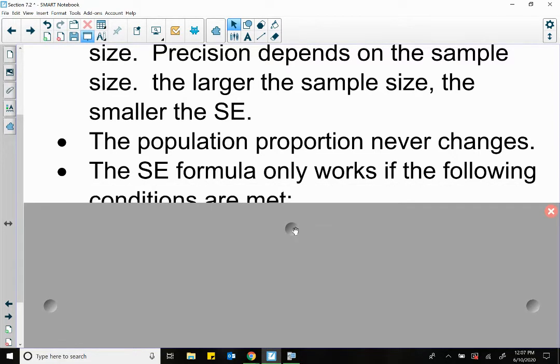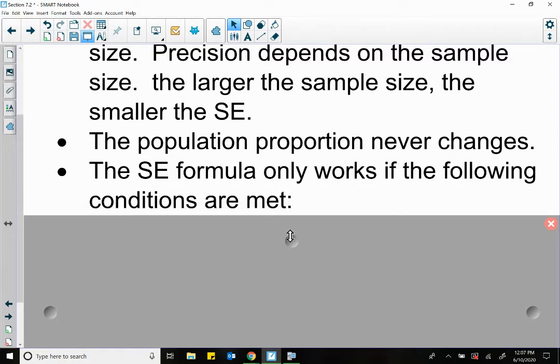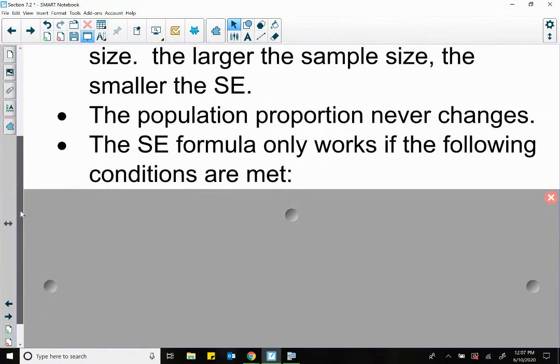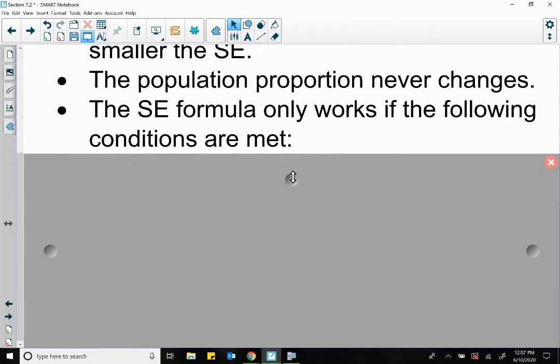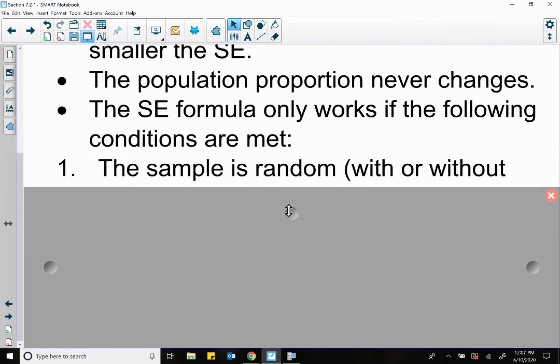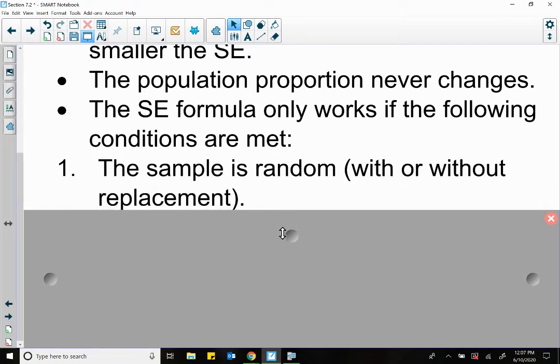The SE formula only works if the following conditions are met. So this is important. That standard error formula only works if we have the following conditions met. All right. 1, the sample is random, and it can be with or without replacement. It doesn't really matter. Okay. So as long as our sample is random, we like that. With or without replacement. Most of the time, guys, we're going to be doing without replacement, just so you know.